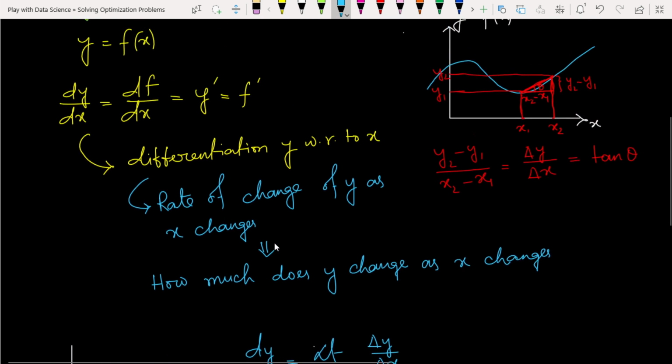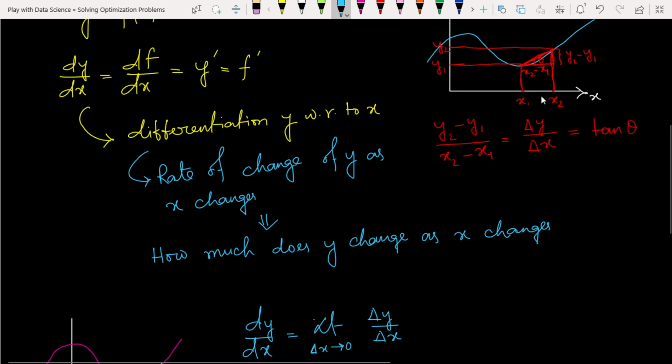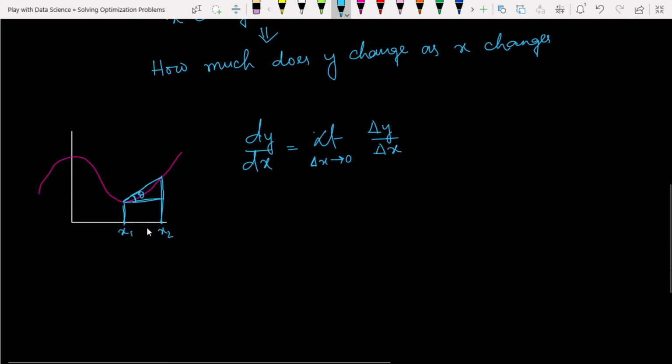Limit means what? Here we are taking the distances x1 and x2. Now, using the limit, we choose the distance in such a way that x2 is close to x1. When x2 is closest to x1, the distance tends to 0, that is negligible simply.